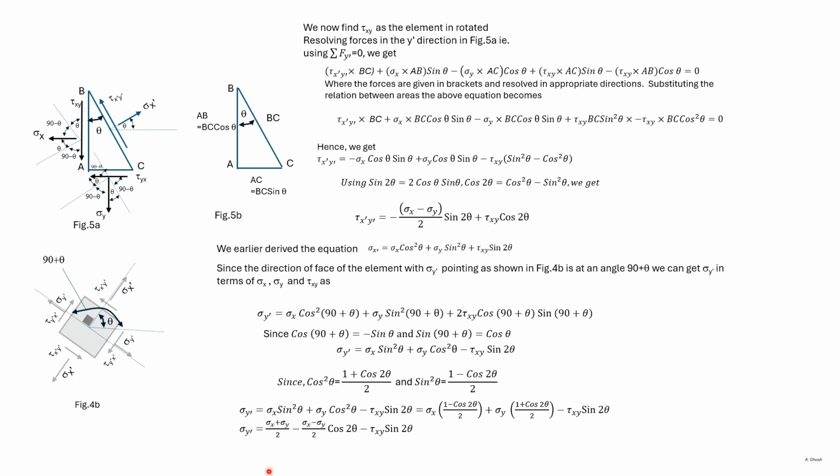Pairing sigma y dash with sigma x dash, these terms are the same, except that there is a negative sign in front of the second term and the third term when we are finding sigma y dash.